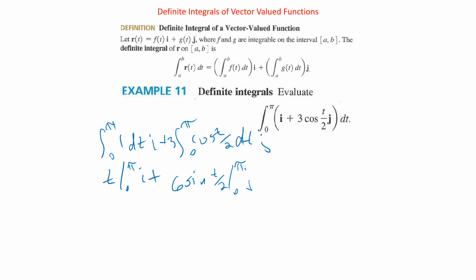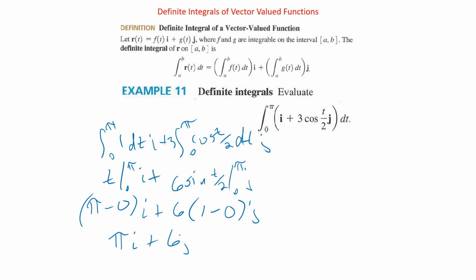And then we need to plug in our values. We have pi minus 0 times i plus 6 times sine of pi over 2, that's 1, minus sine of 0, which is 0, times j. So pi minus 0 is just pi i, plus 1 minus 0 is 1, times 6 is 6j. So we have pi i plus 6j.